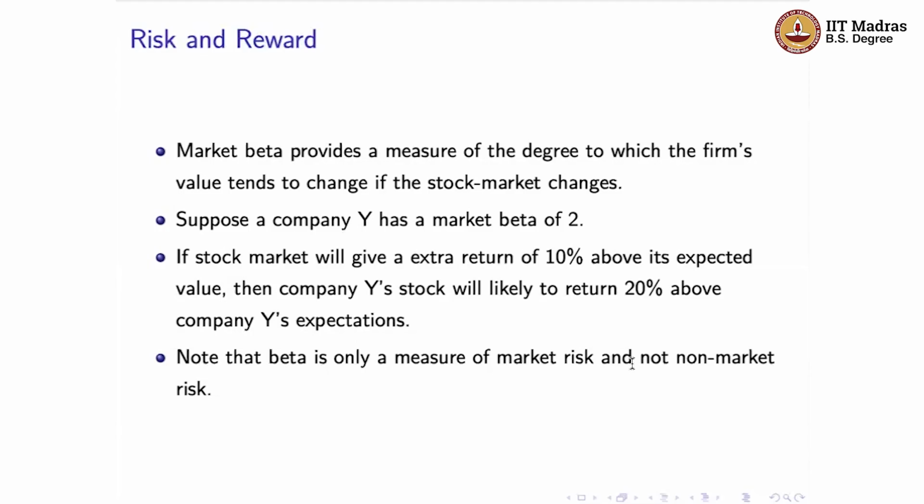One thing to note here is that beta is only a measure of market risk and does not capture non-market risk. It tells you that if the stock market changes, how much you would expect the company's stock to change, but it does not tell you, if other things change holding fixed the stock market, how the stock return of this company would change. So that's one thing to keep in mind.